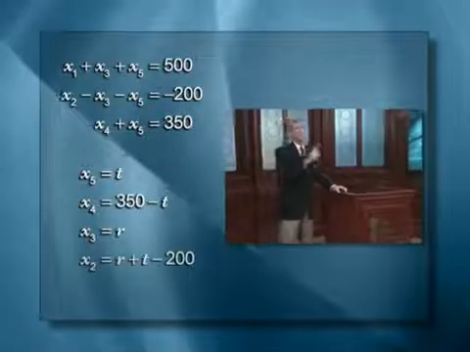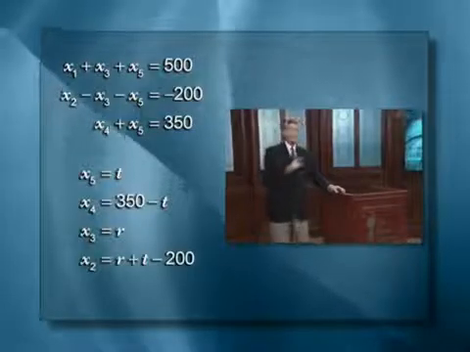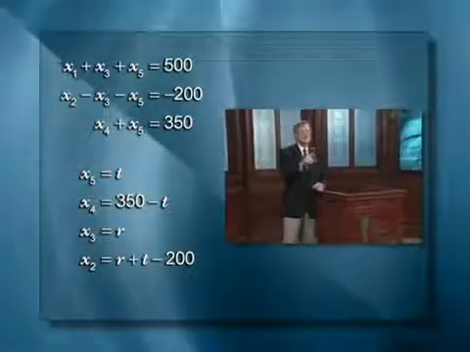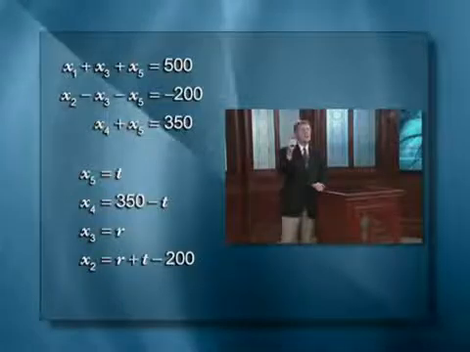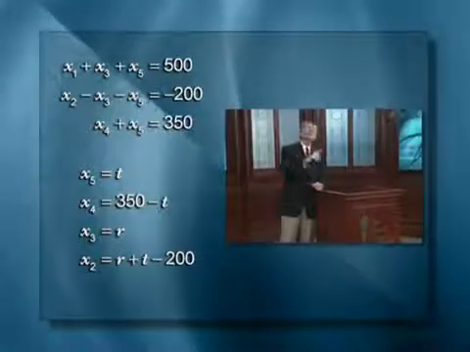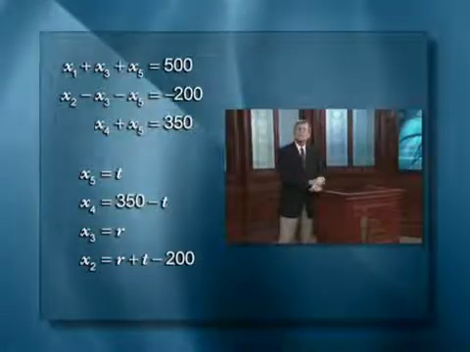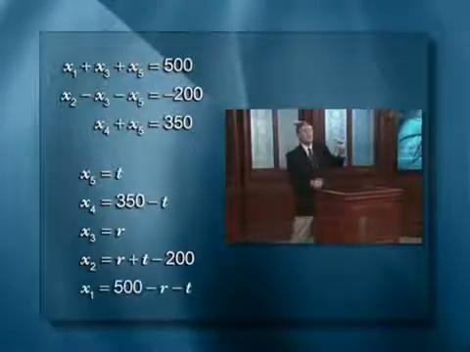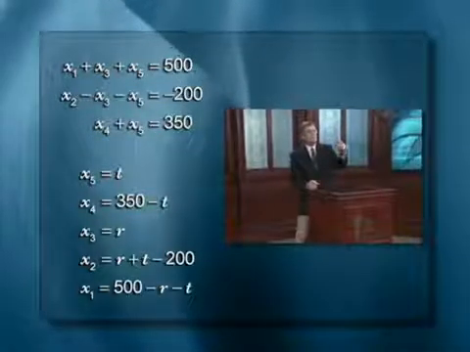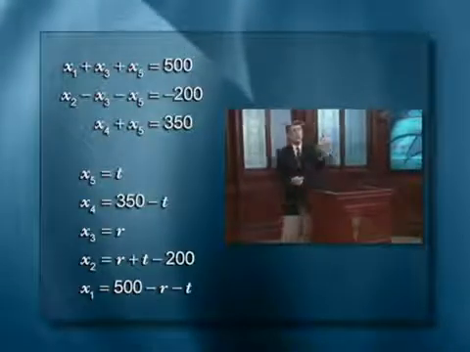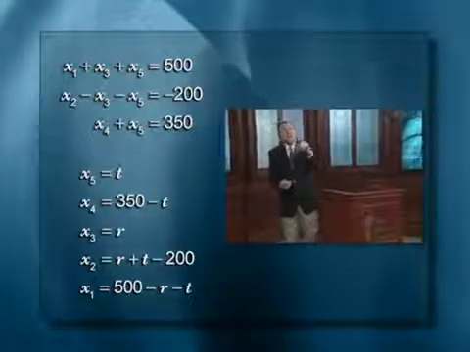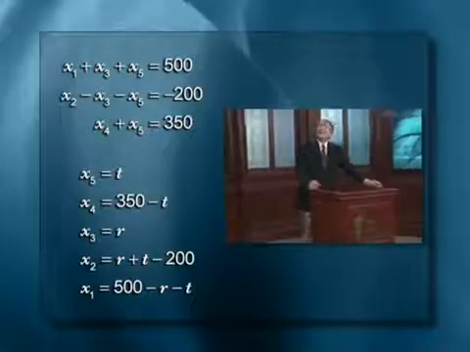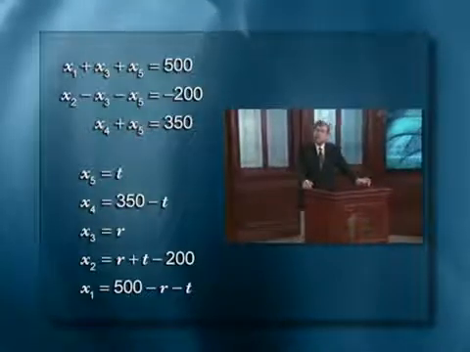And now x2 is determined. x2 is equal to x3 plus x5 minus 200, so it's r plus t minus 200. And now finally we arrive at x1, and x1 is 500 minus x3 minus x5, so it's 500 minus r minus t. That's complicated. That's tough to do.